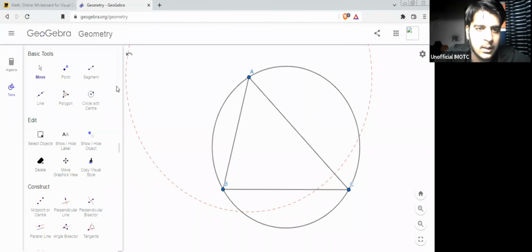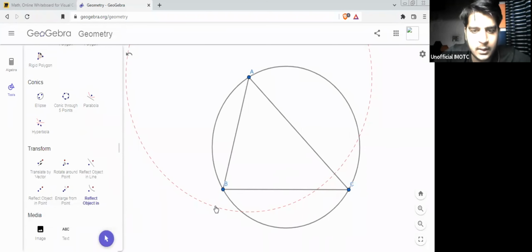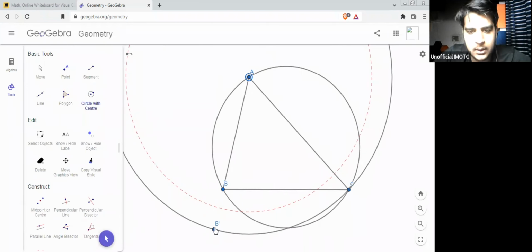So in this figure, if I reflect this over this, you get a point B dash. Do you see AB dash equal to AC, right?